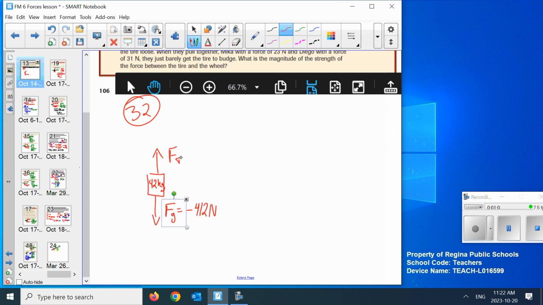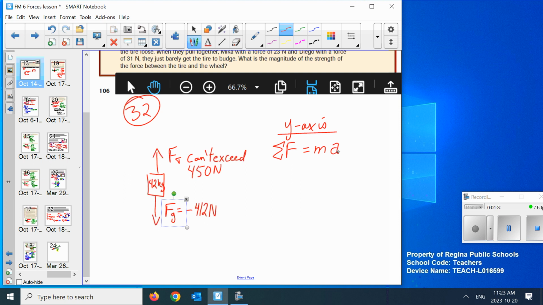The tension force can't exceed 450 newtons, otherwise it lets go. So we're going to use 450 newtons. In the y-axis, and that's all we're worried about, I'll label it, the sum of the forces equals mass times acceleration.